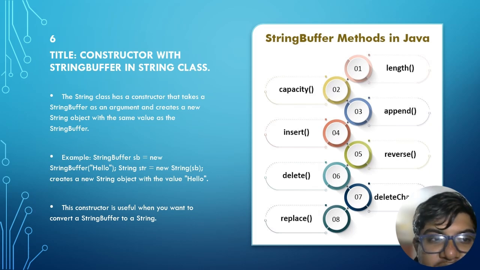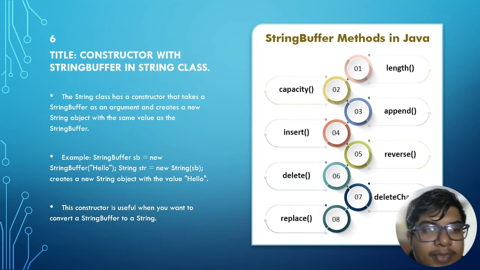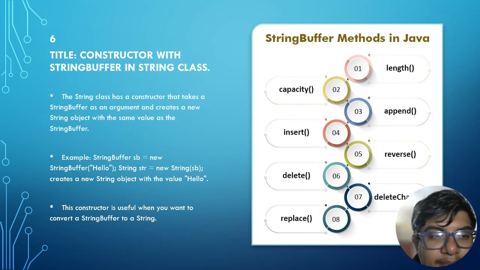You're using string buffer and you are getting the value, that is new string buffer of hello. So a buffer, meaning a mutable type of string called hello, is created, and you can use that to create a new string of the normal, immutable kind. So this constructor is useful when you want to convert a string buffer into a string.